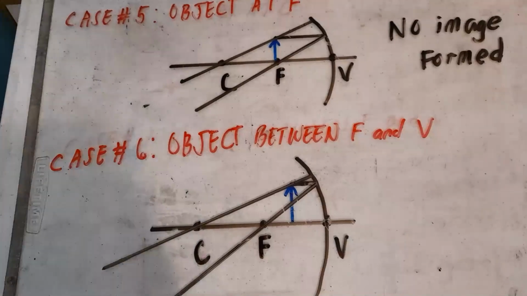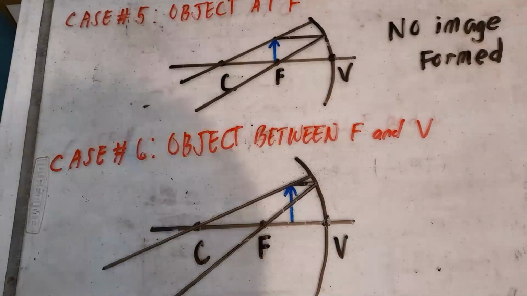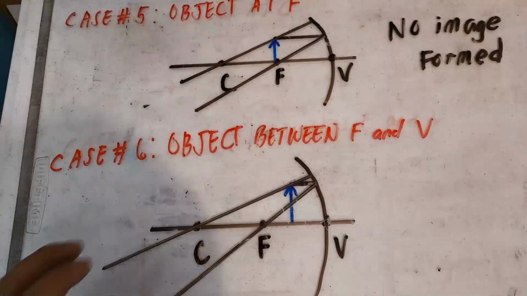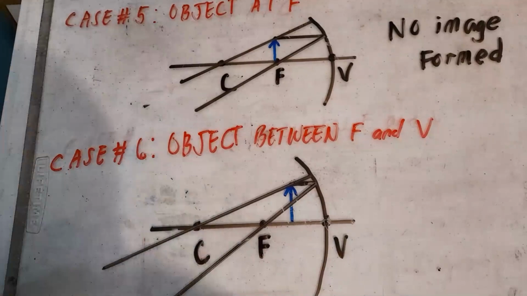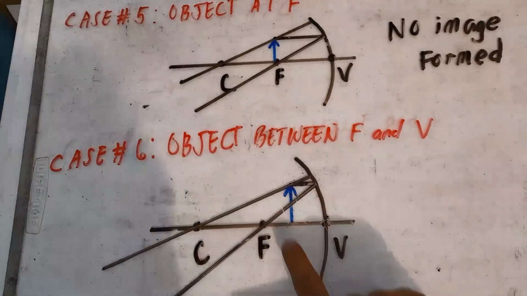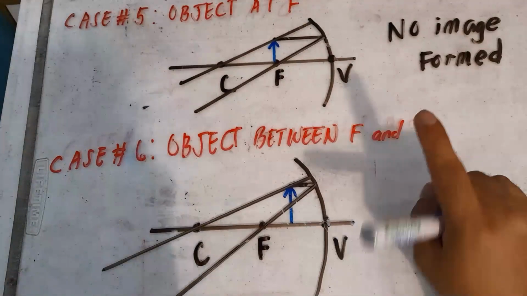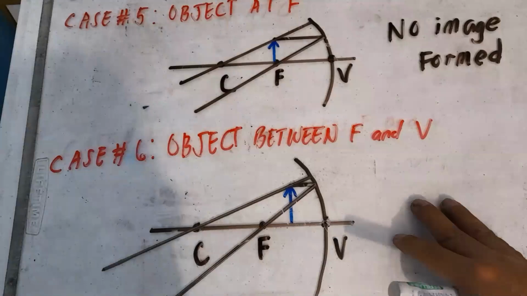Now, let us study this. If we are going to extend these lines, as you can see, these are not parallel lines. If we extend this on this side, they will never intersect on this side. But as you can see here, if we extend this, they will intersect on the virtual side of the mirror, or behind the mirror.